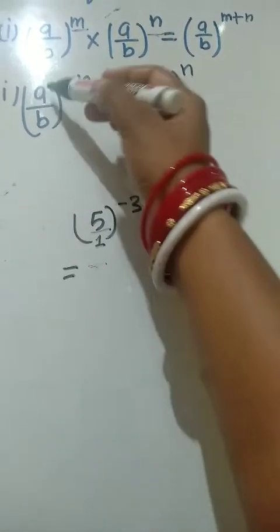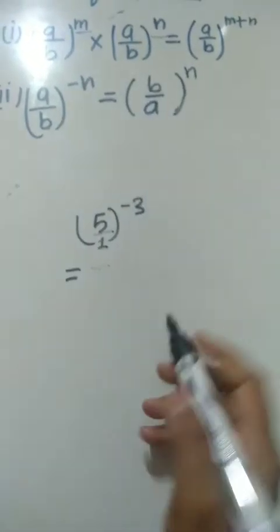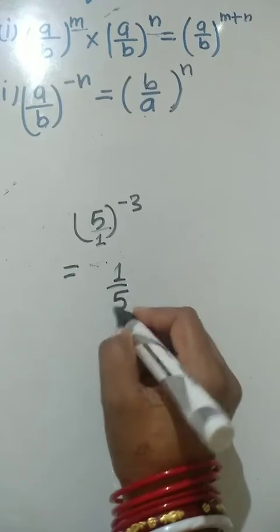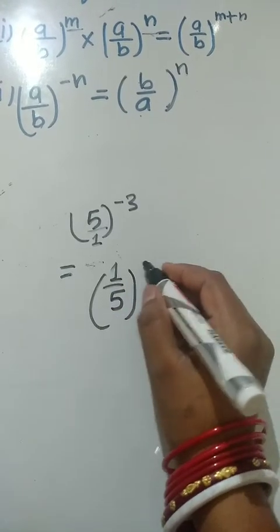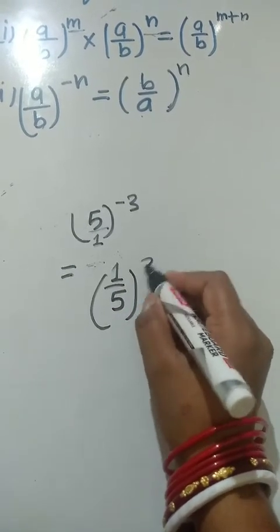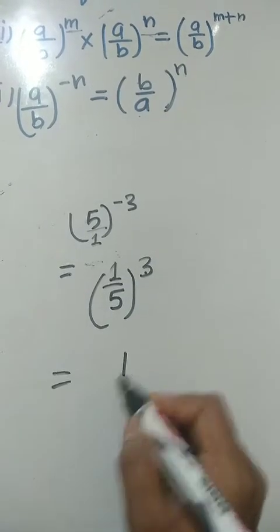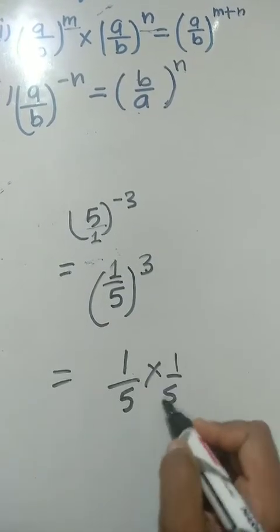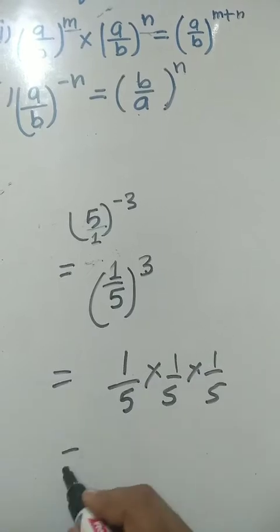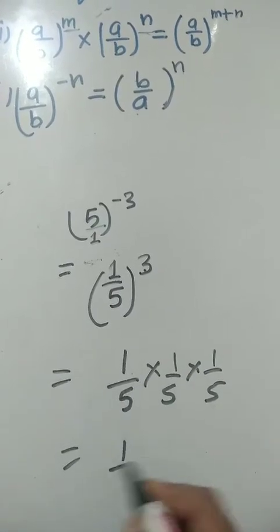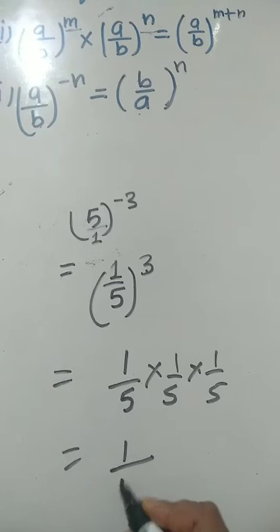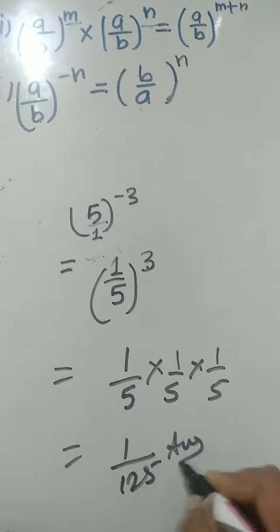We can write this as (1/5)^(-3), not minus 3, 3 only. So we can write 1/5 into 1/5 into 1/5. So 1 times 1 times 1 is 1, and 5 times 5 is 25, 25 times 5 is 125. This is our answer.